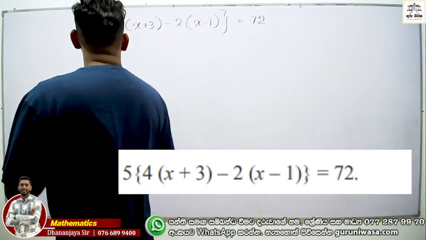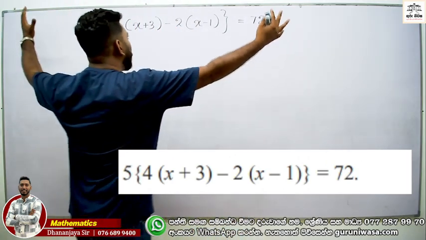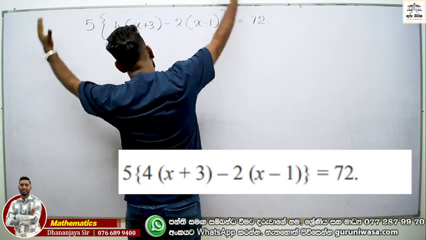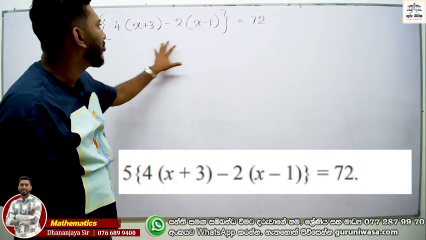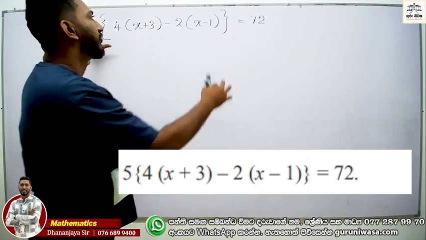Now listen. Look at the left hand side, and this one is like a family, because there is no addition or subtraction outside of the brackets.